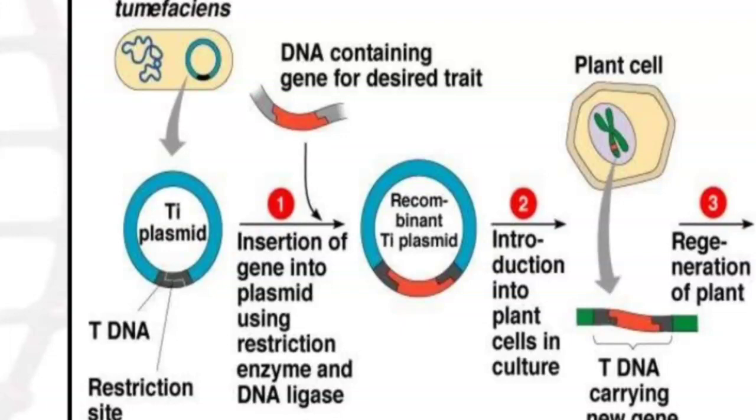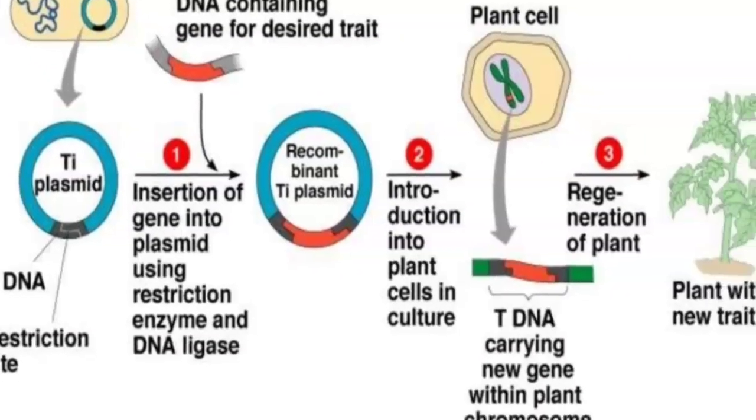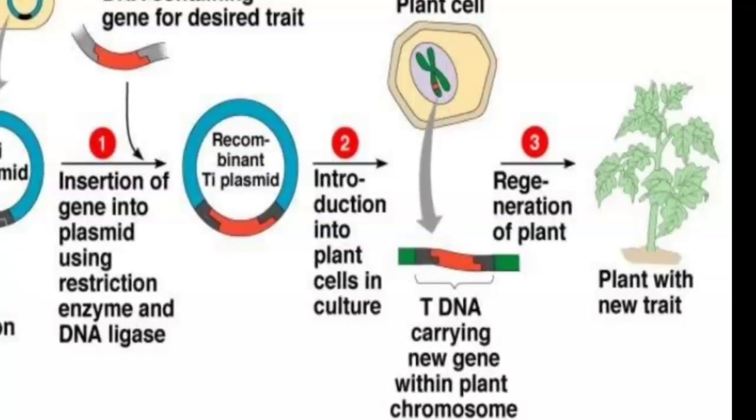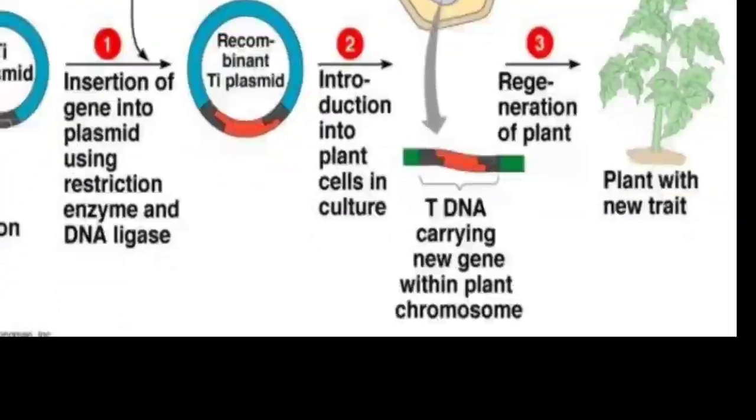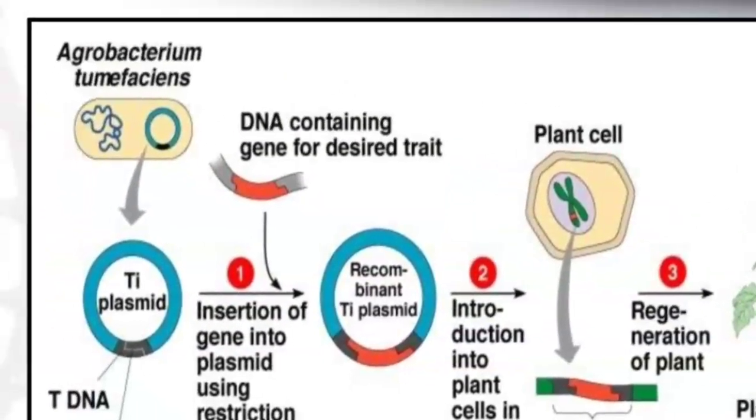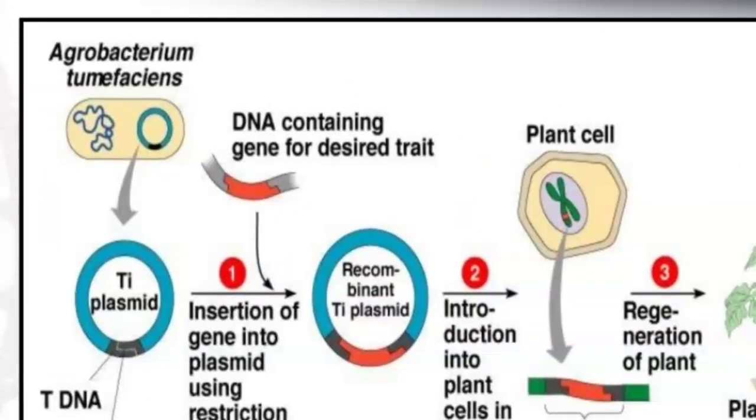The recombinant Ti plasmid is formed. It is now introduced into the plant cell for culture. In the third step, the plant is regenerated, with the T-DNA carrying new genes within the plant's chromosomes, and the plant has new traits. So Agrobacterium tumefaciens is used as a plant vector.